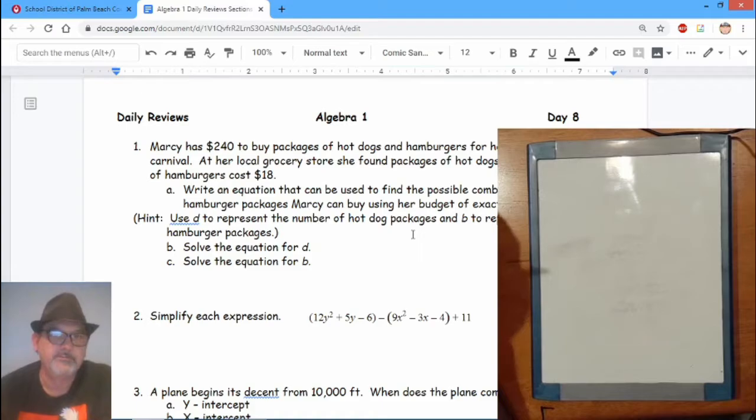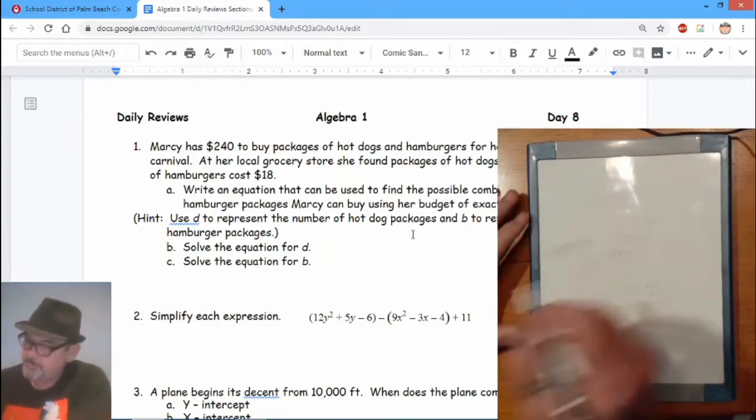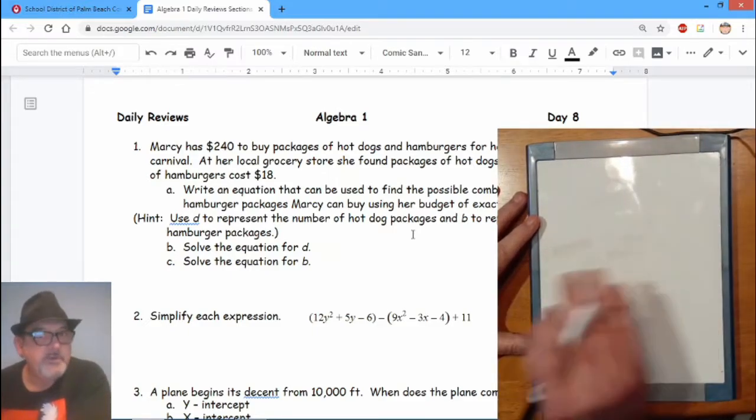Marcy has $240 to buy packages of hot dogs and hamburgers. $8 for the hot dogs, $18 for the burgers. Write an equation that can be used to find the possible combination of dog and burger packages she can buy using $240. So setting up the equation is pretty easy.